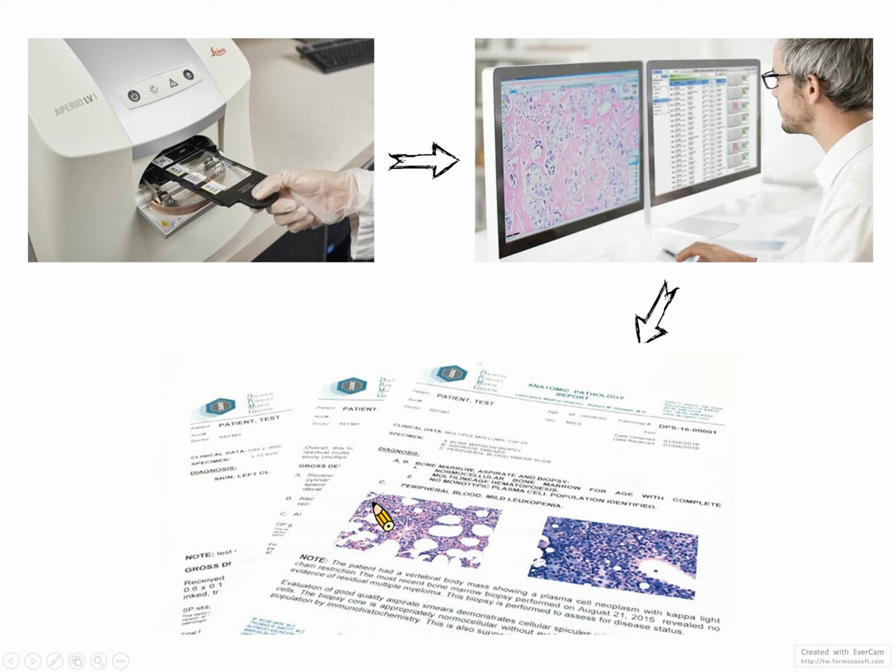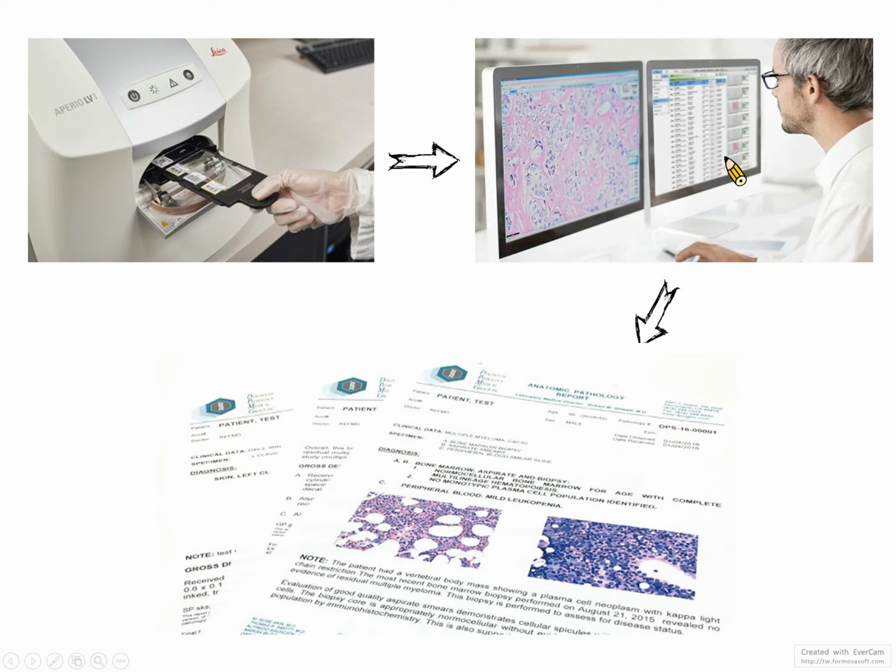Then, in the new era of pathology, you probably don't need a microscope. You can use a slide scanner to scan all the tissue in high detail, and you can visualize the whole slide scans on your computer screen.